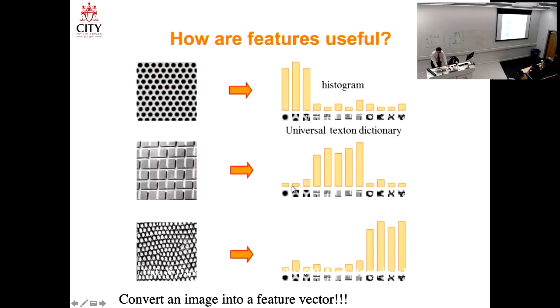So in this method, I am converting that image into a feature vector by counting the number of occurrences. I have this filter, run it through my image, and I see I found 2,000 good matches.